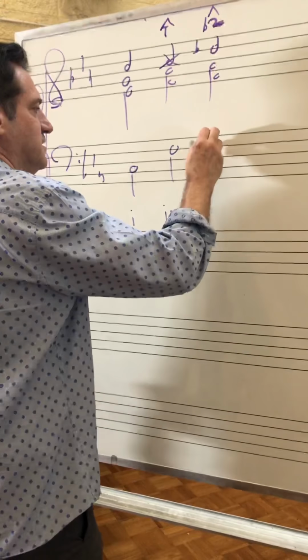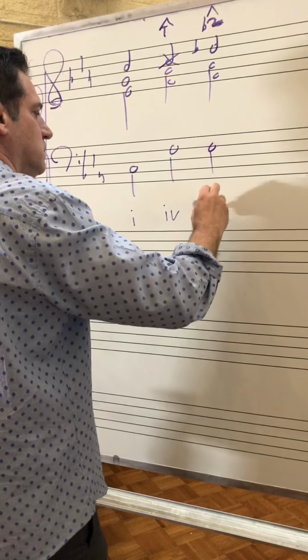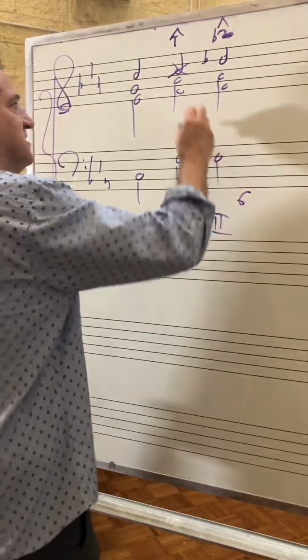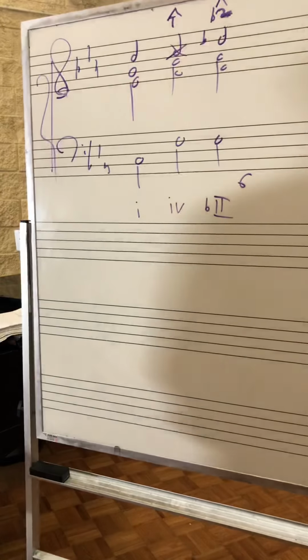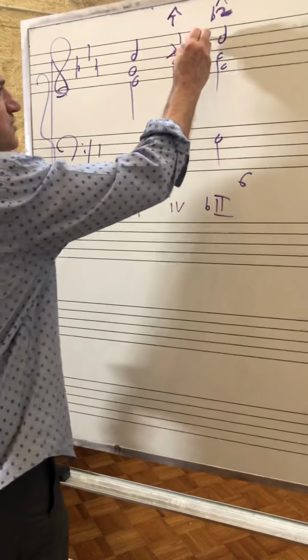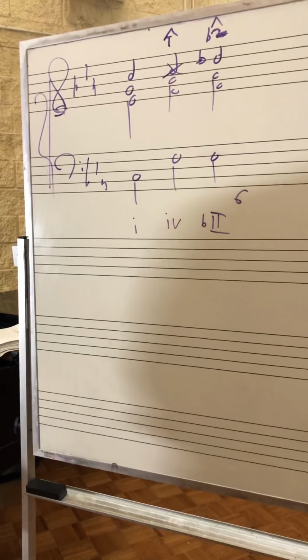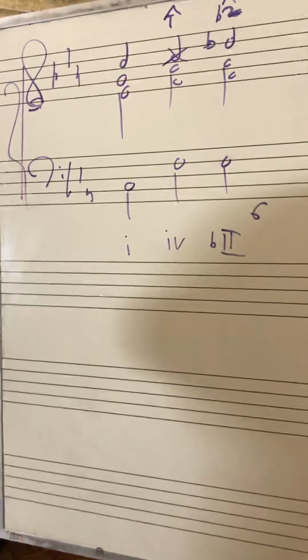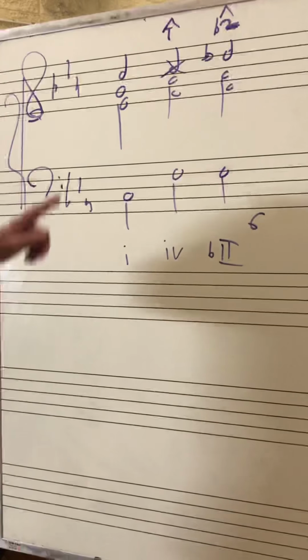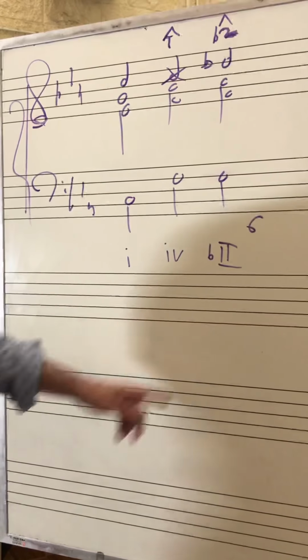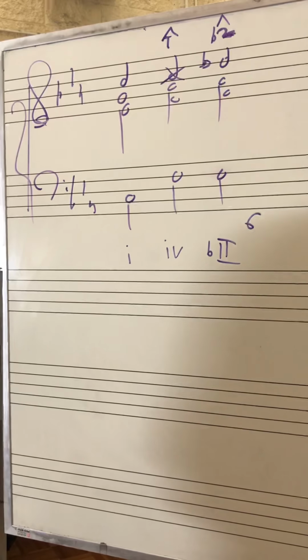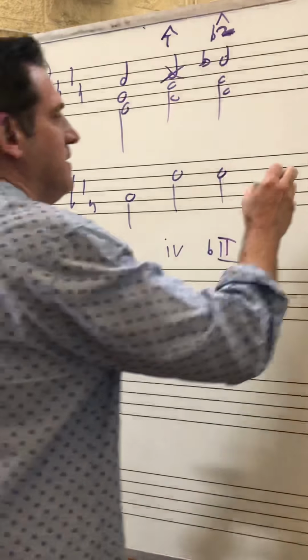Keep the same bass. So now it's flat 2, 6 instead of 4. We've substituted a D flat or scale degree flat 2 for scale degree 1 within the subdominant. So now we've made it into a flat 2, 6. But you see how closely related it is.